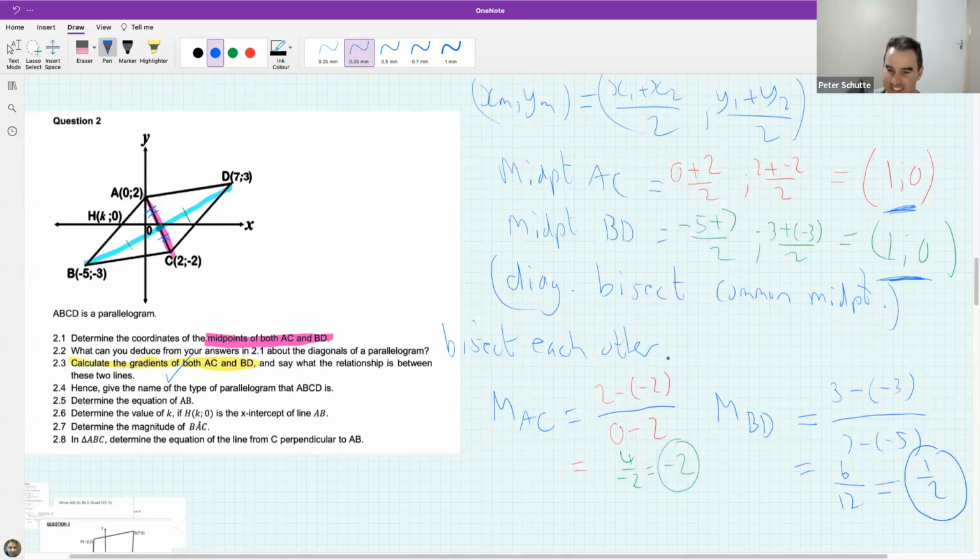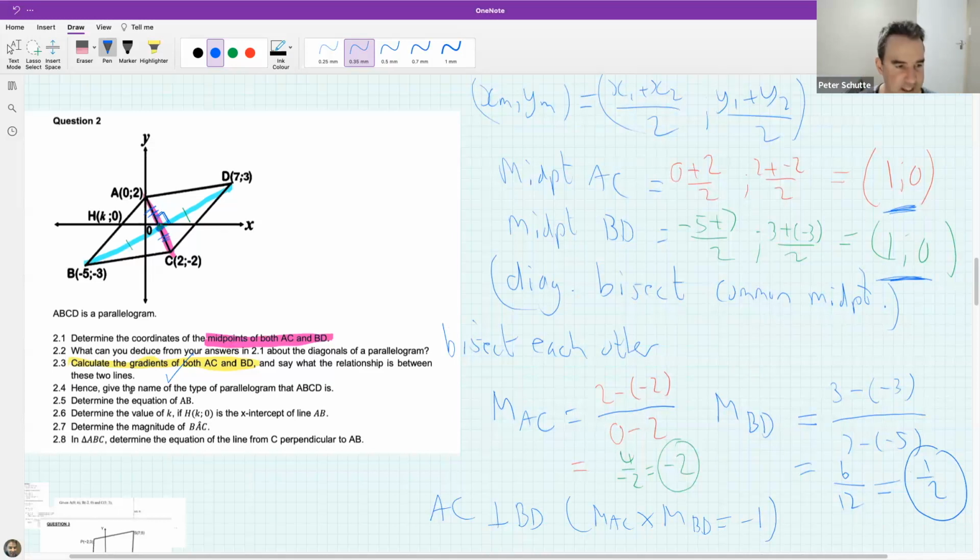So no surprise, if the gradients multiply to -1, you can say that AC is perpendicular to BD, because the gradients of AC and BD, when you multiply them together, you get -1, because -2 times a half. So not only do your diagonals bisect, they bisect at 90 degrees.